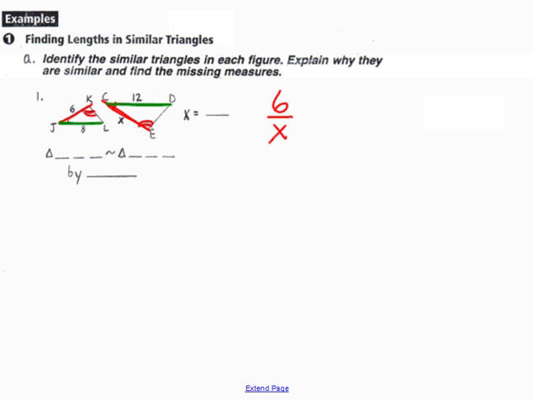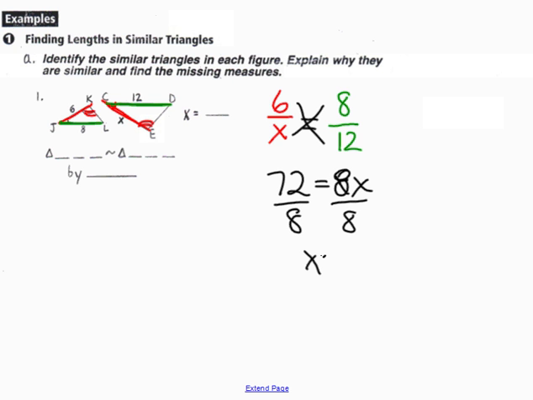So again, I'm going to go from the small triangle to the big triangle, or left to right, set them equal, and cross multiply. So 6 times 12 is 72, equals 8x. So divide by 8, x equals 9.